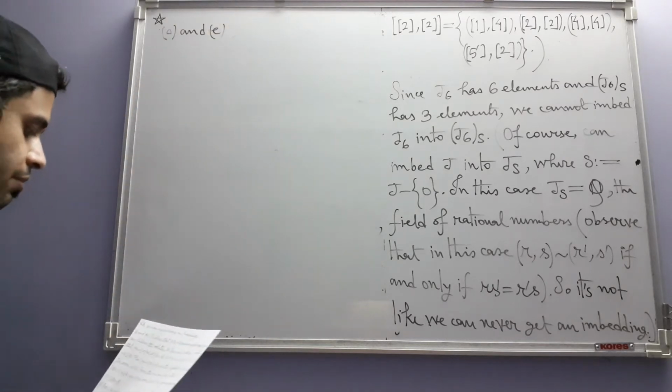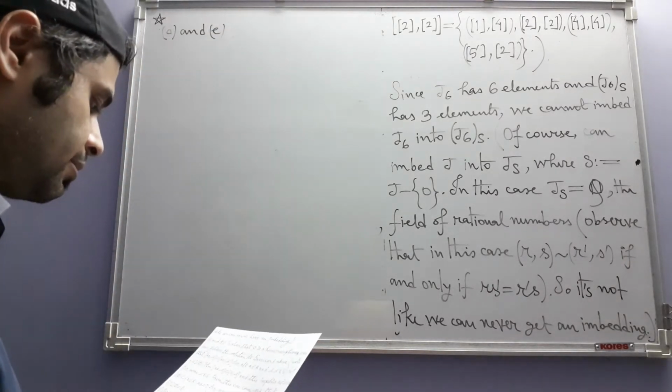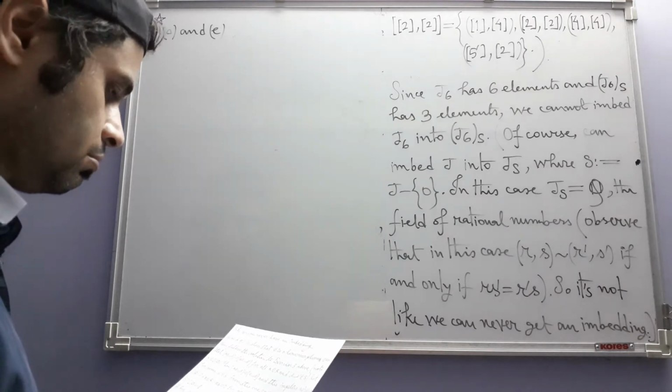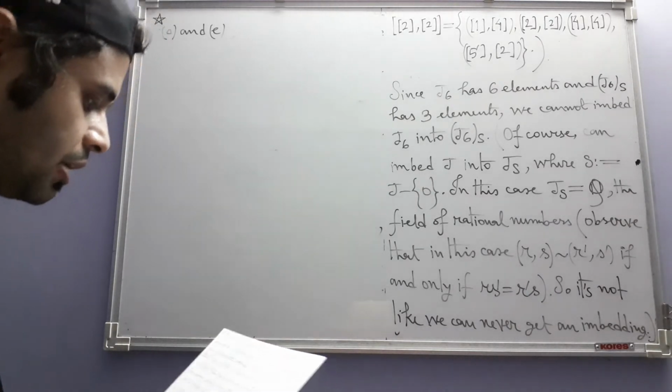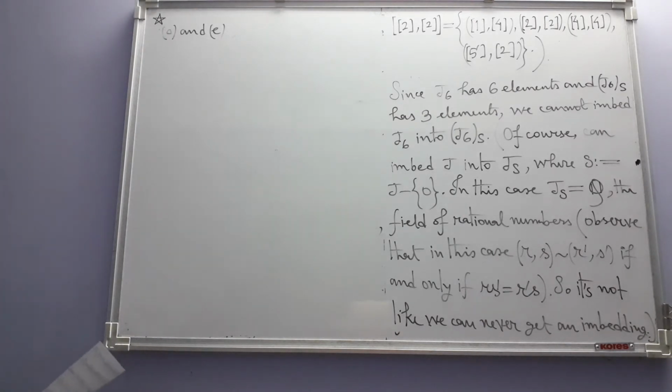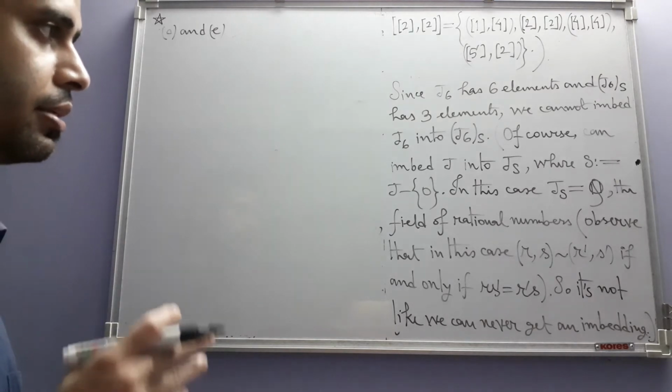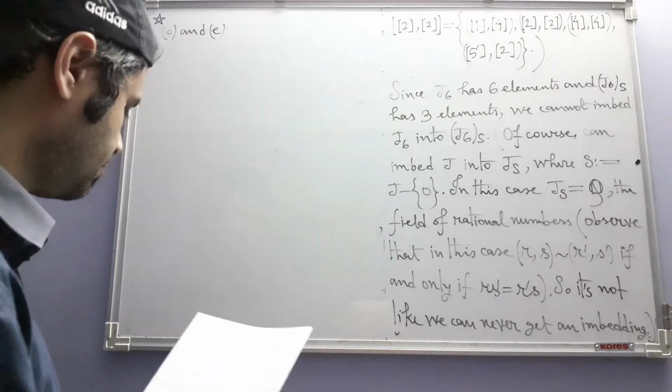So in D we were asked to show that the given function is a homomorphism, and we were asked to find the kernel, and in E we were asked to show that the kernel does not intersect the multiplicative system.